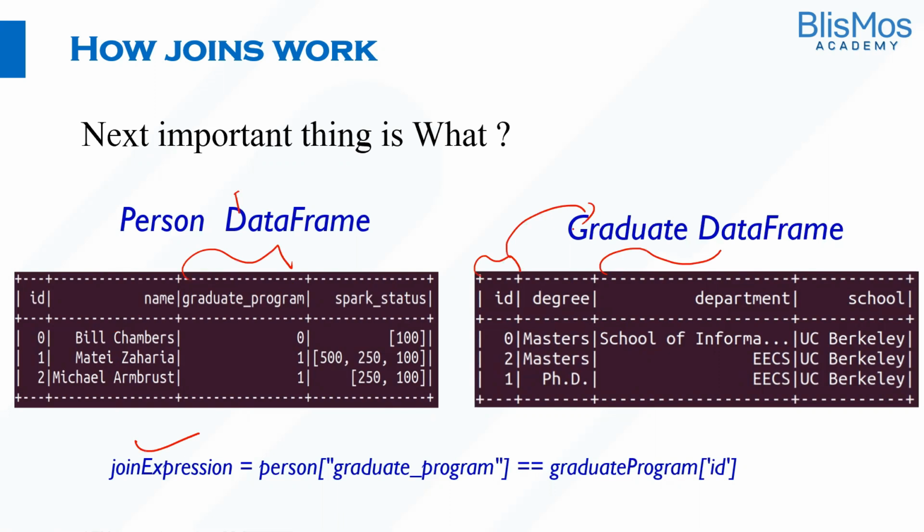It is a condition on which you are trying to compare one data frame with the other data frame. So, first you got to have data frames. The second thing, you got to have a join expression. Then what next?